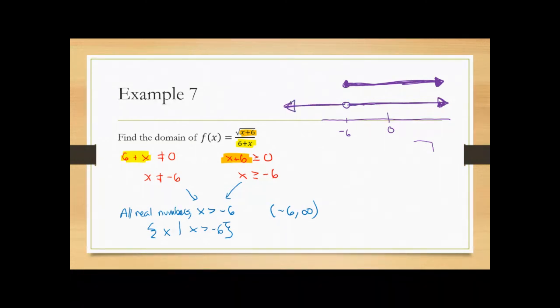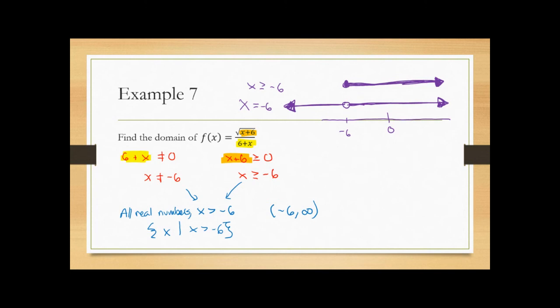I just can't have x equal to negative 6. So this graphically represents x does not equal negative 6, while the line on top graphically represents x greater than or equal to negative 6.